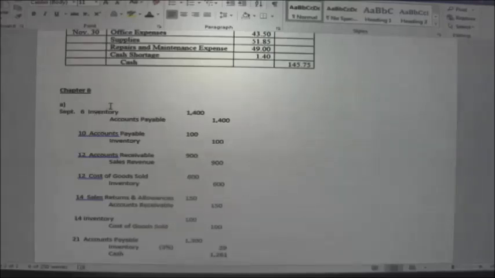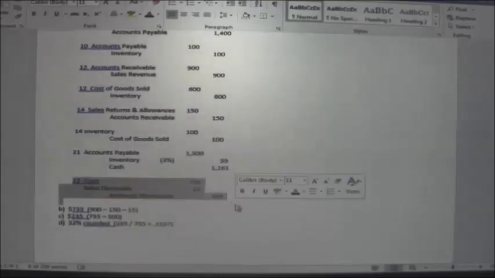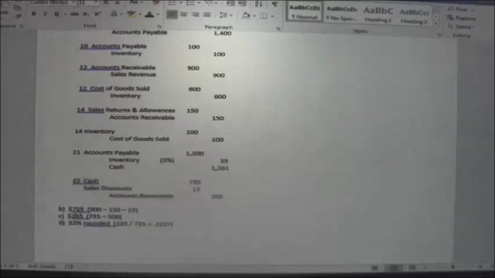If I know that every time I do a sale, if I offer a sales discount, it's going to be the cash I receive, a debit for the sales discount, and a credit for the accounts receivable, then I have to go back and figure that out. Well, the accounts receivable is the full amount that I'm owed. The sales discount is the amount of the discount, and the cash is the difference.